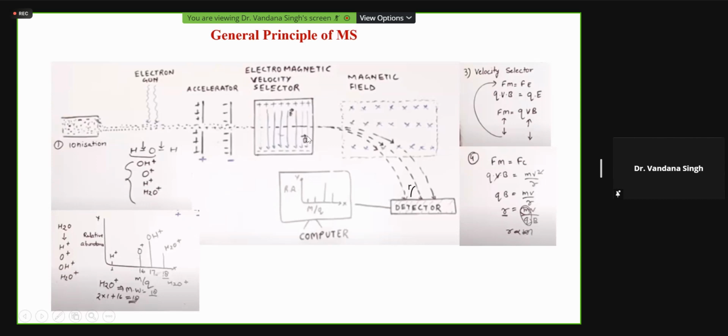So the ions moving in this tunnel, this quadrupole, become very confused. If they are positively charged, they will obviously go to the negatively charged poles, and if negatively charged, they will go to the positively charged poles.